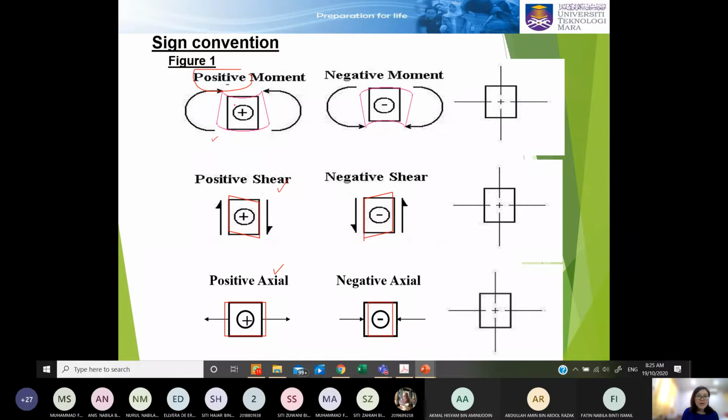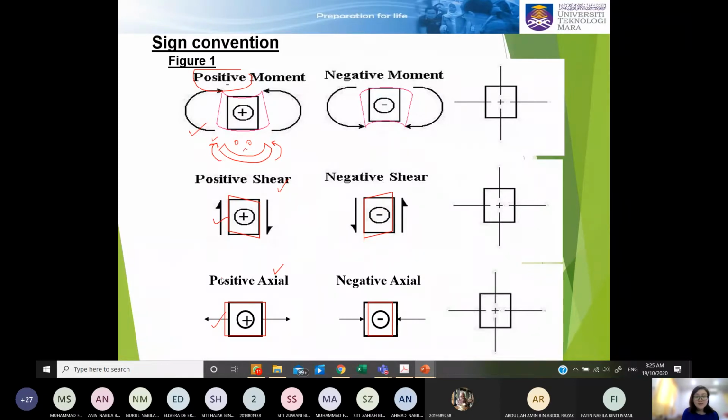If you look at this, it is like a smiling face, the positive moment, just to help you remember. When your beam is bent like this, you are positive, so your moment is acting in such a way. So let's put this arrow, this arrow, this arrow in our cut section as the internal force.